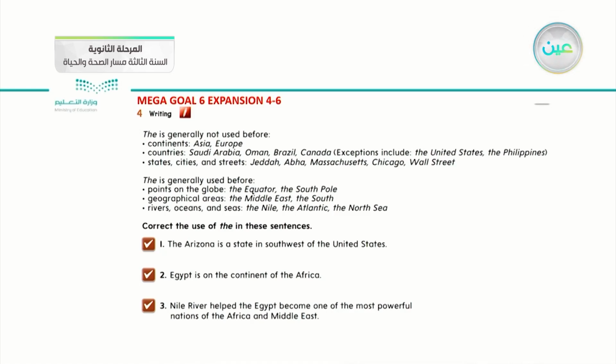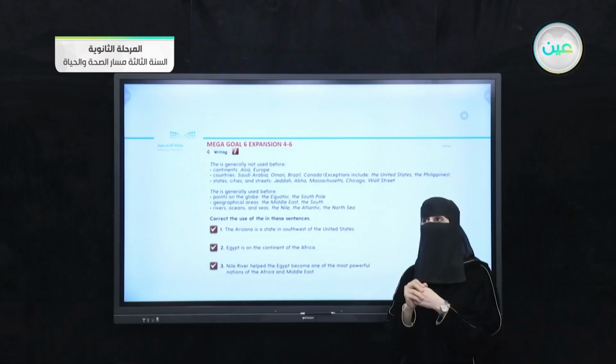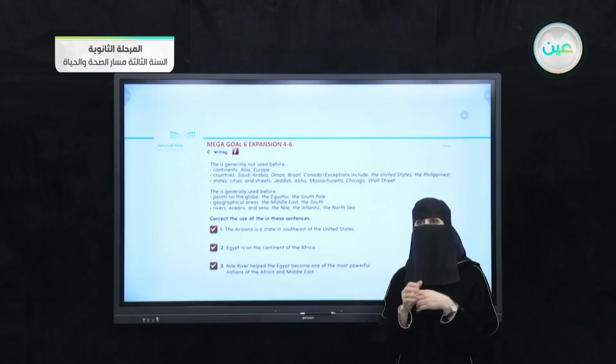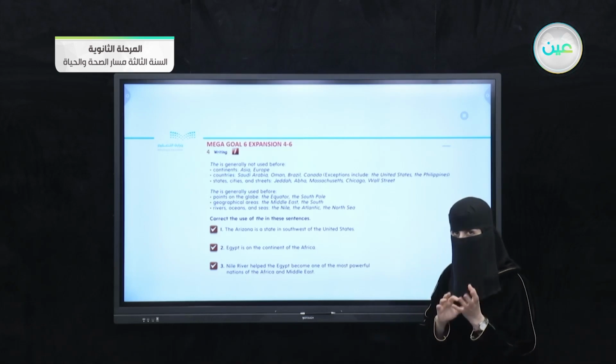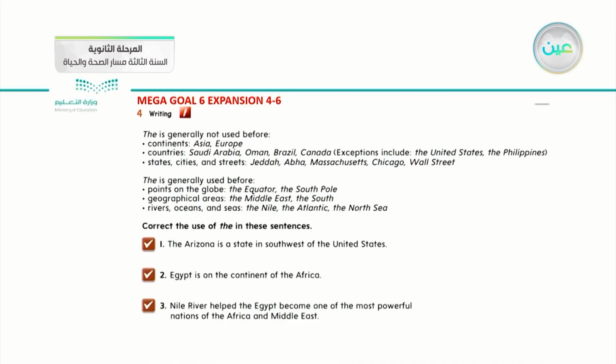All of these, we can't use "the" before. And there are some exceptions also, as with lakes and mountains. We find a group of lakes such as the Great Lakes, and we can use "the" with it. And if we talk about a famous mountain such as Alps, we can't use "the" with it.